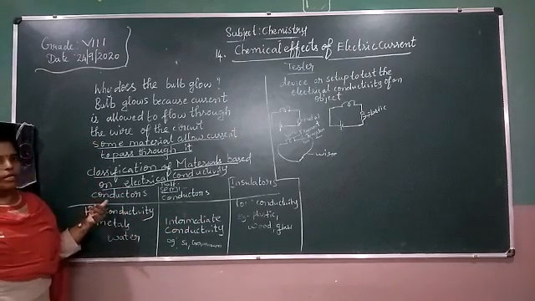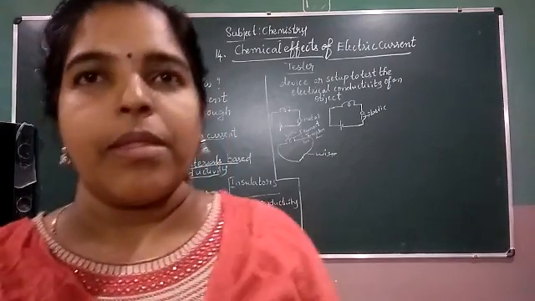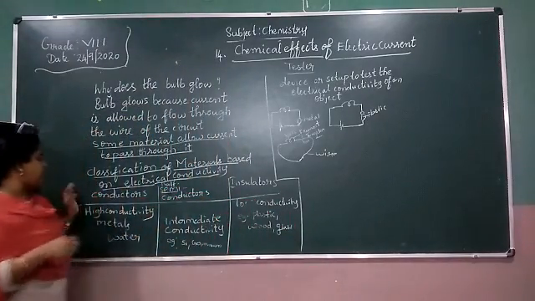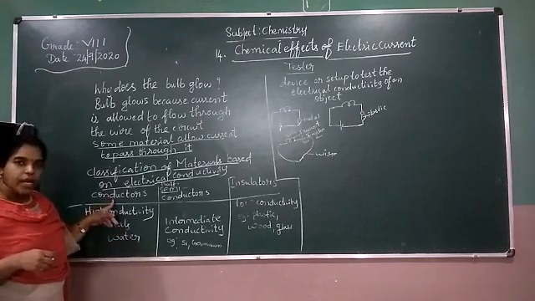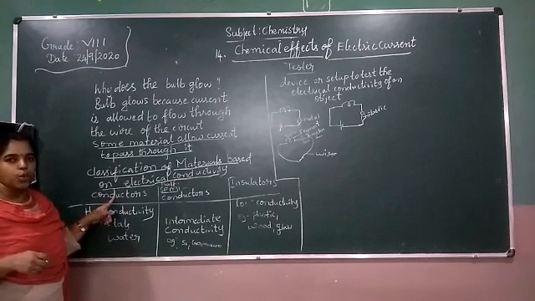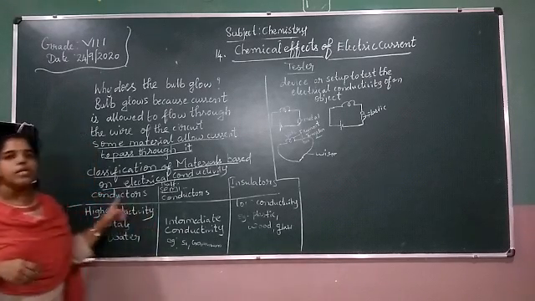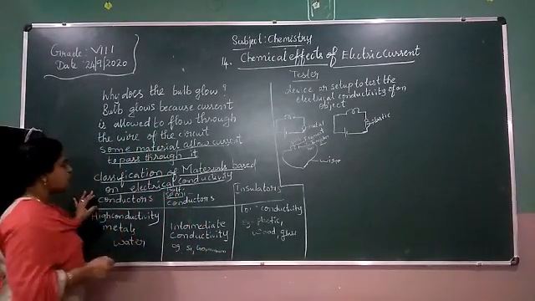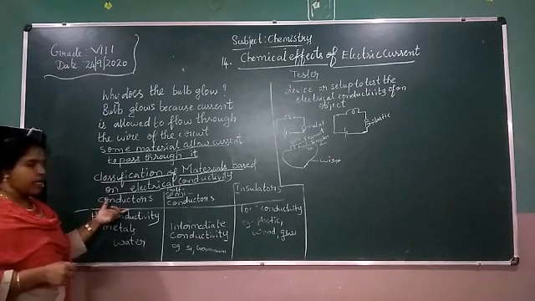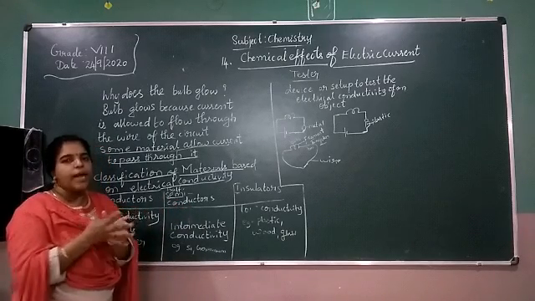So what are conductors? Conductors have high conductivity, like metals. Conductors are the materials which allow the current to pass through them. Such materials are called conductors. Semiconductors are half; they allow half of that.